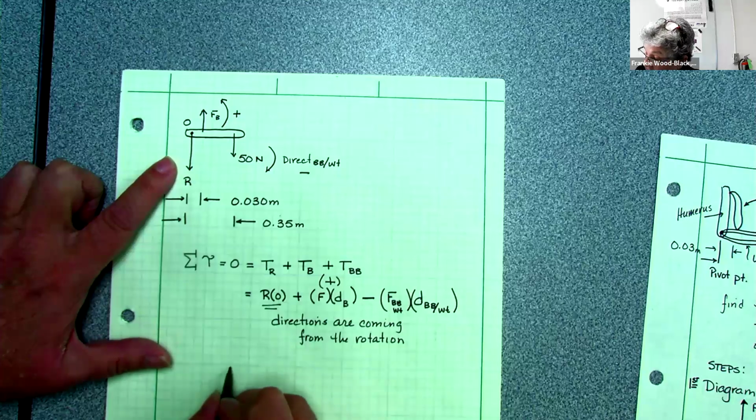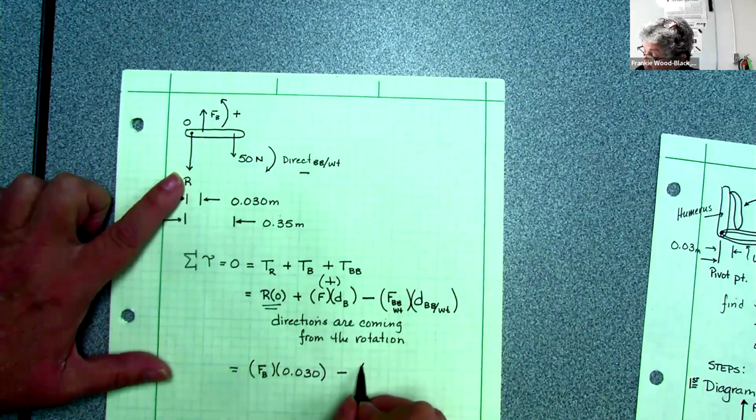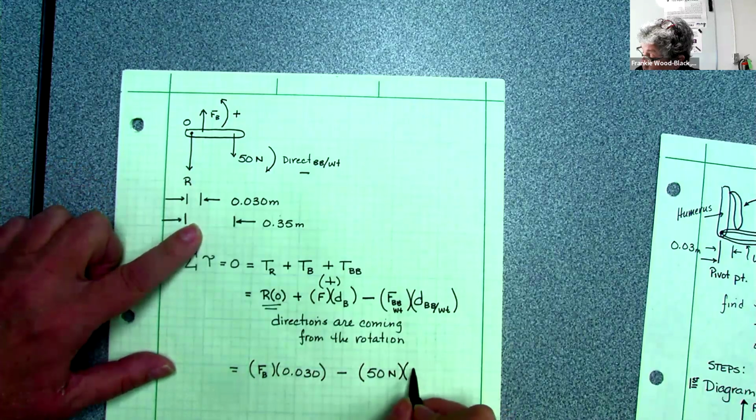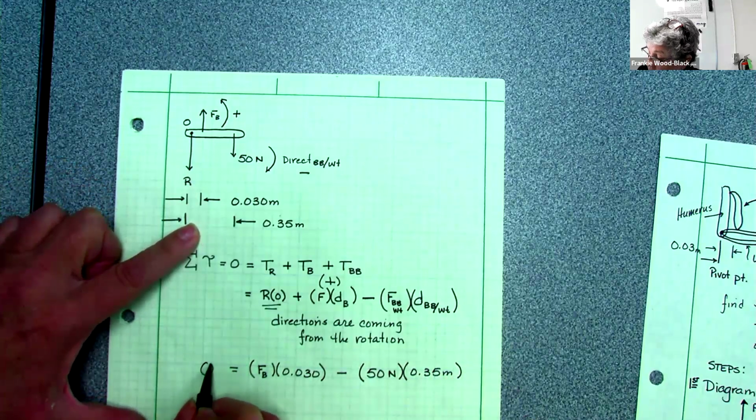So now I have my force due to my bicep times 0.030, minus the weight, which was 50 newtons, times my distance there, which is 0.35 meters. And that all has to equal 0.